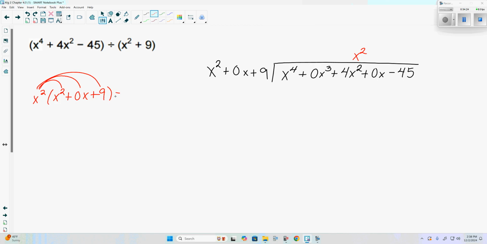And we'll distribute. X squared times x squared is x to the fourth. X squared times 0x, well, x times 0 is 0, so we'll still have 0x cubed. X squared times x is x to the third. And x squared times 9 is going to be plus 9x squared.